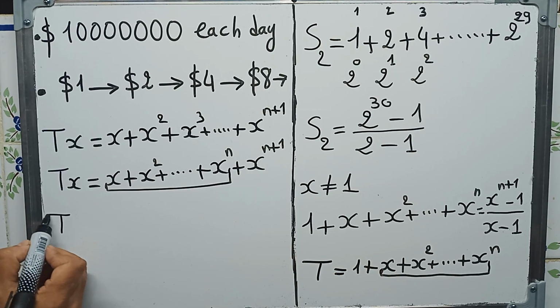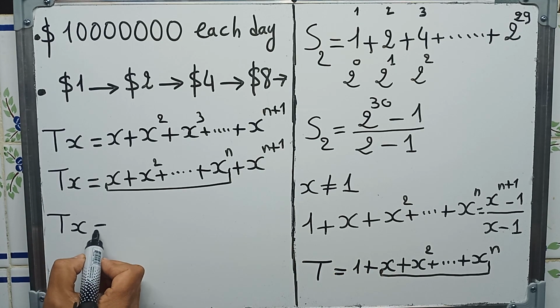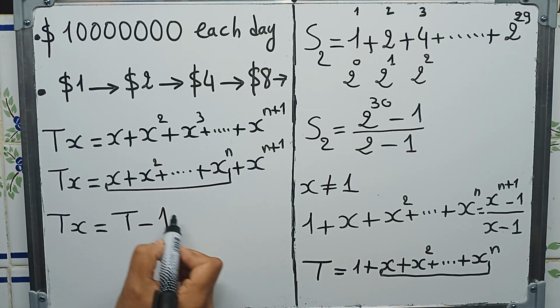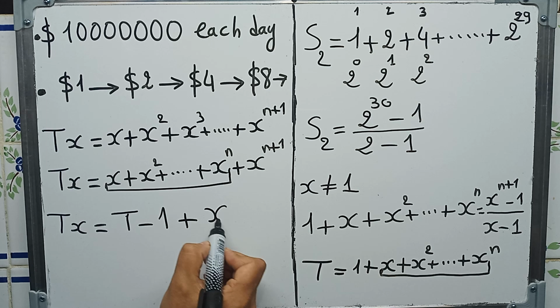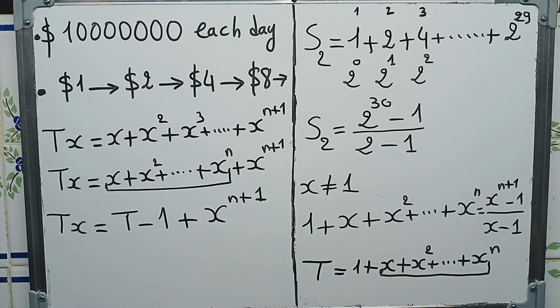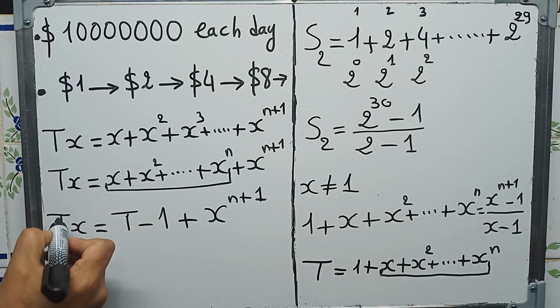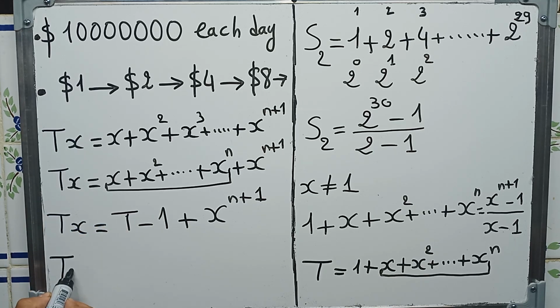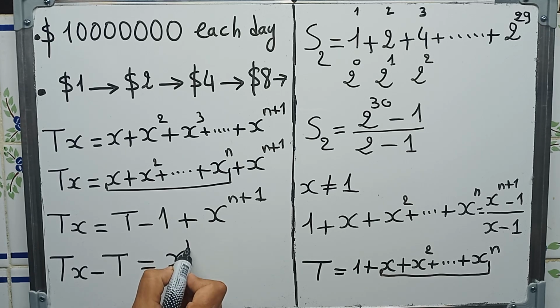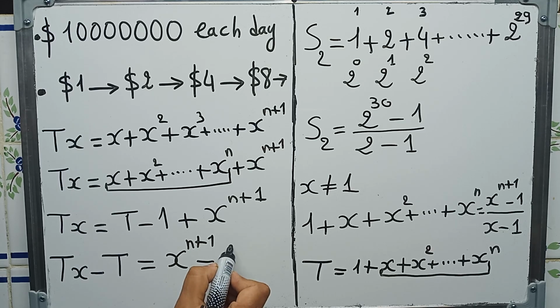We'll have tx equals t minus 1, this term, plus x to the power n plus 1. And finally, t goes to the other side. tx minus t is equal to x to the power n plus 1 and minus 1 here. It's the same.